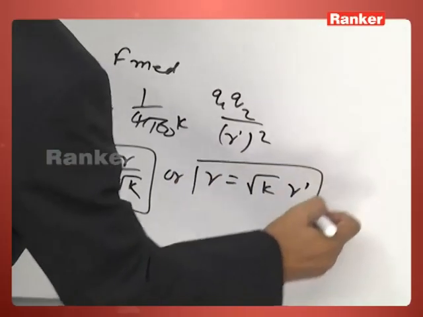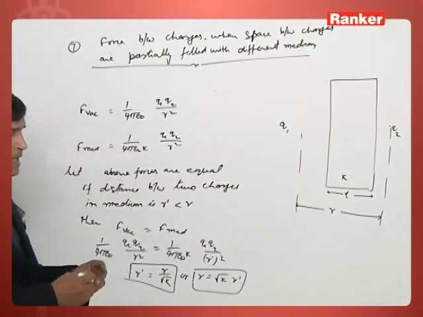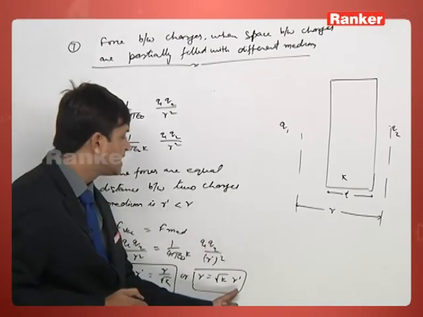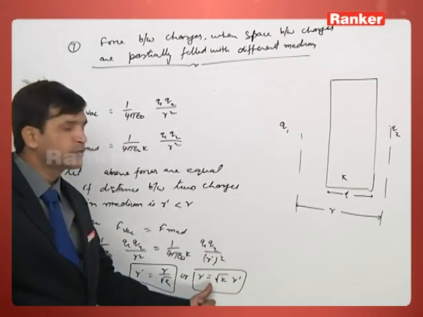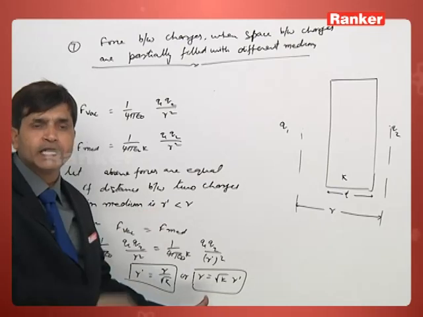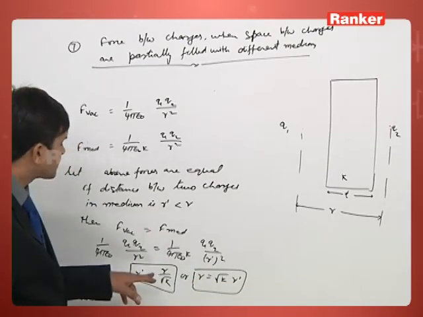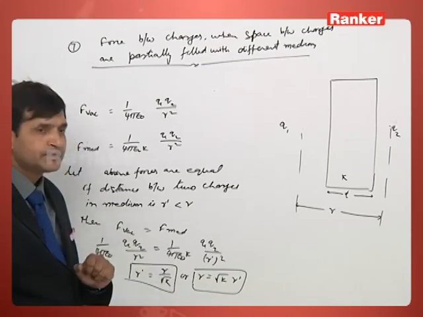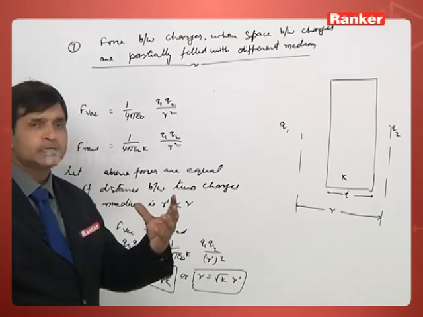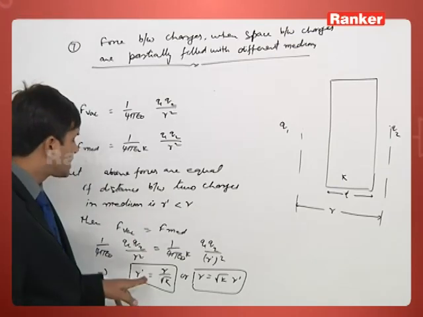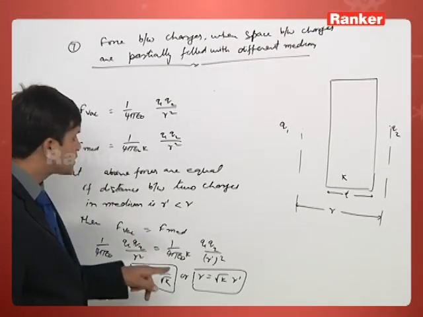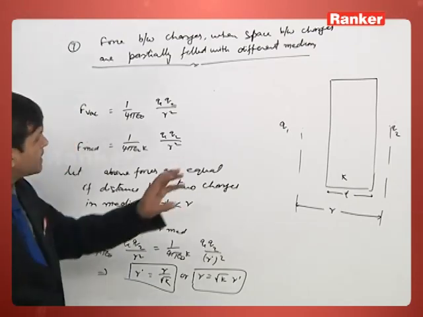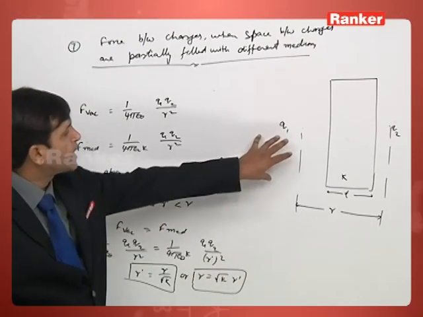So that indicates, when the force between the two charges is equal, what could be the relation between the distance between the charges in a medium and in vacuum? It means if the distance in a vacuum is R and we want the same force, then the distance in the medium should be R by root K. Same logic we are applying here.